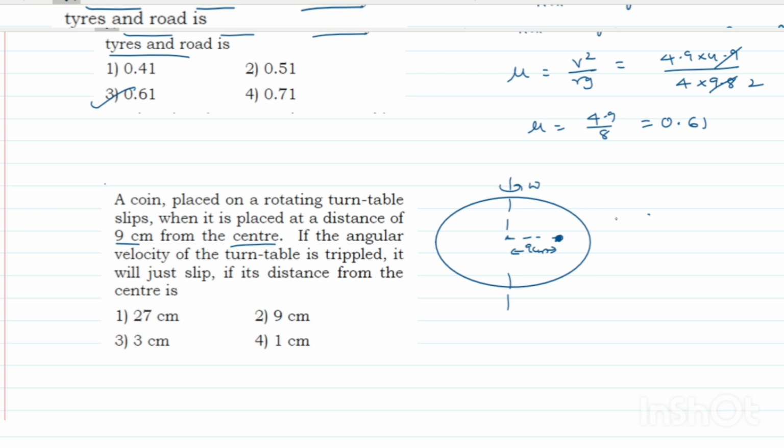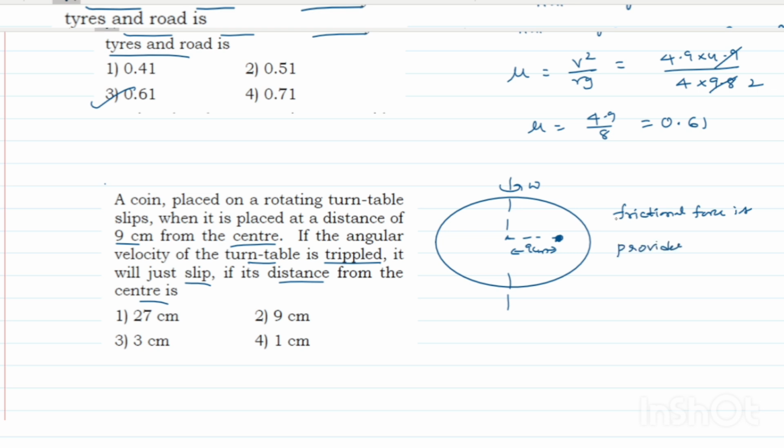If the angular velocity of the turntable is tripled, it will just slip if its distance from the center is what? Here, without skidding, the coin has to be rotated, in the sense that the frictional force is providing the centripetal force.